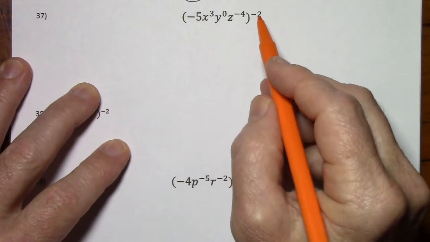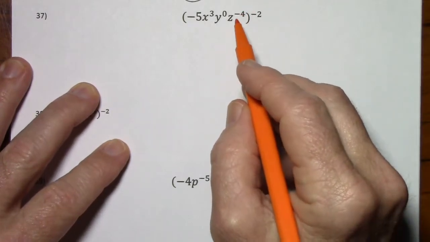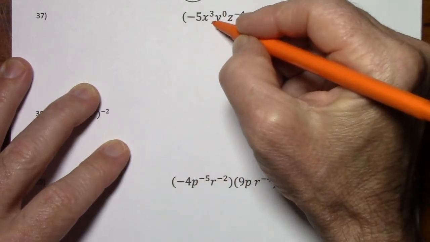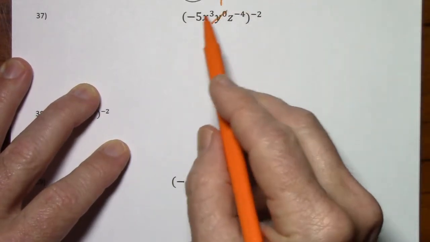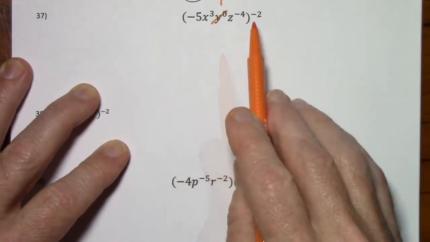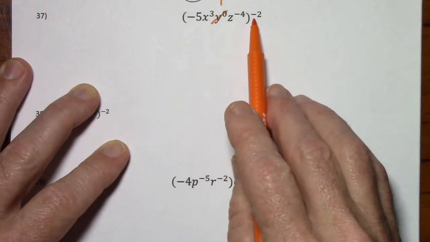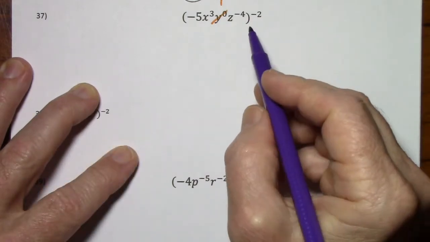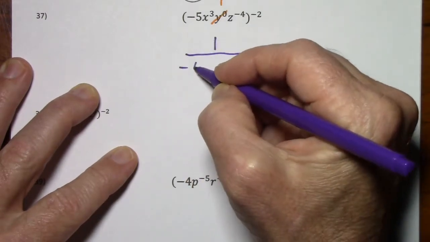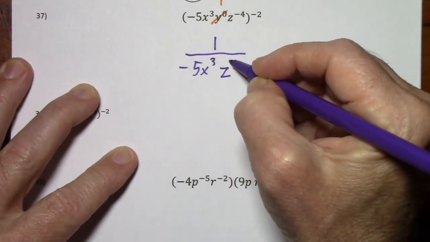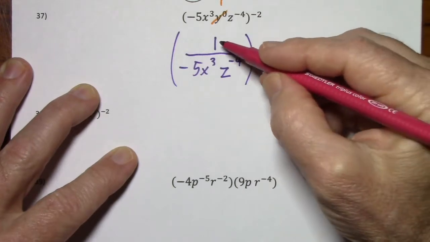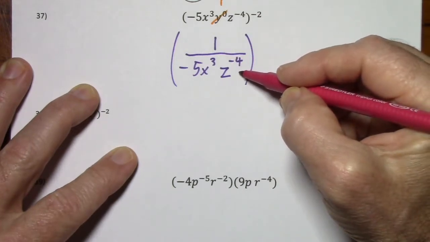Looking at this one, we've got a negative exponent out here, and just one negative exponent inside. Y to the 0 is 1, so I'm going to pretty much just ignore that because it's being multiplied. I'm going to take care of this negative exponent first. So the reciprocal of everything in the parentheses is simply 1 over everything in the parentheses.